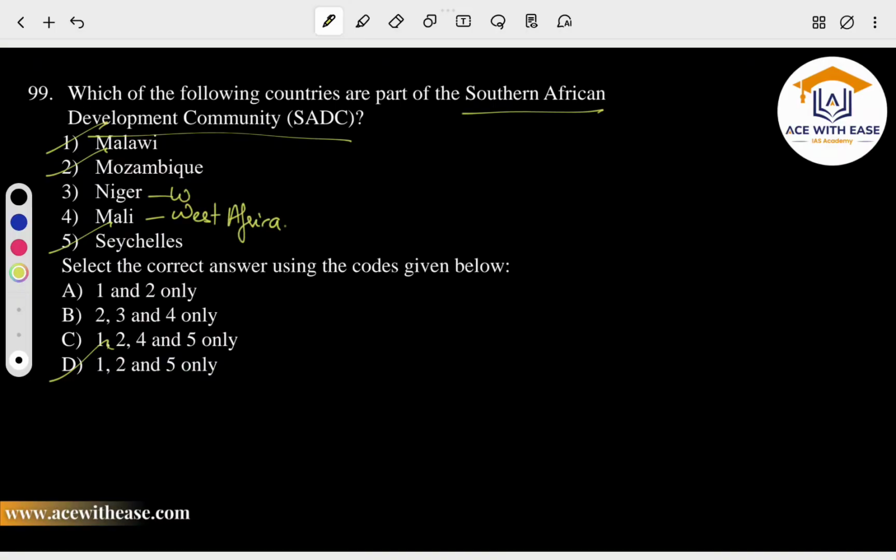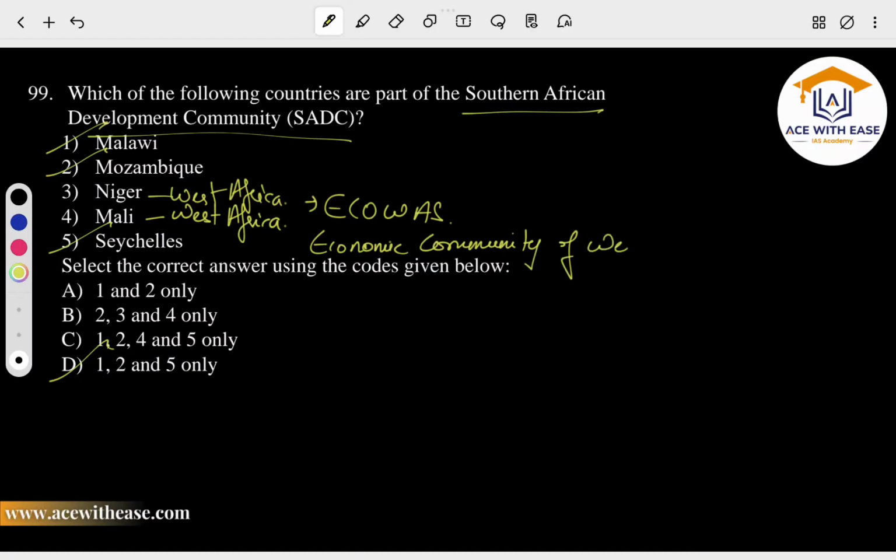Both are under a community called ECOWAS, the Economic Community of West African States. So only three belong to the Southern African Development Community.